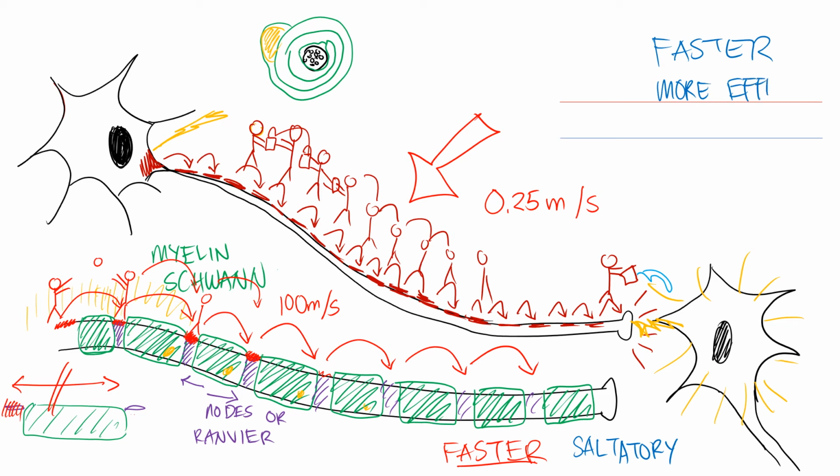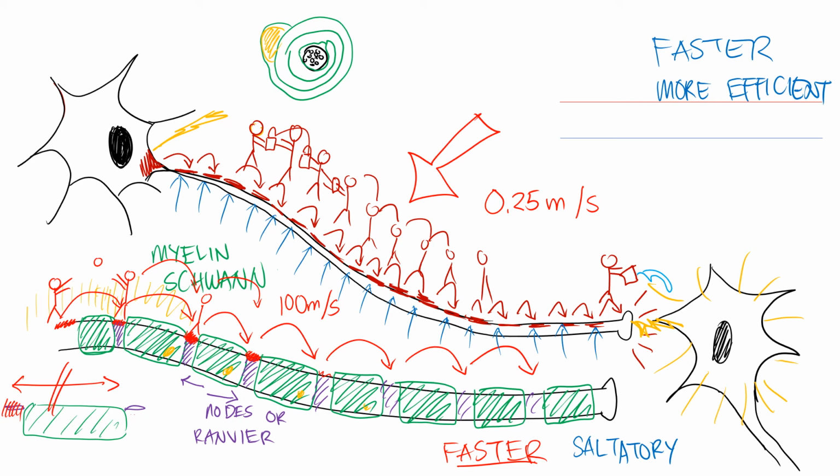Why? Because look at this. In this illustration, if you have no myelin, look at how much energy you need to cause depolarization in all these areas. Because it takes energy for your sodium-potassium pump to open up, for your potassium pump to open up.